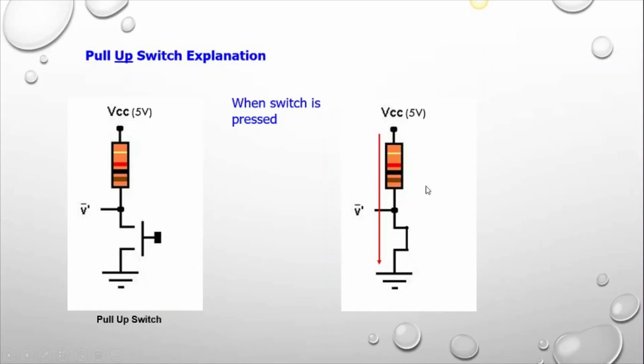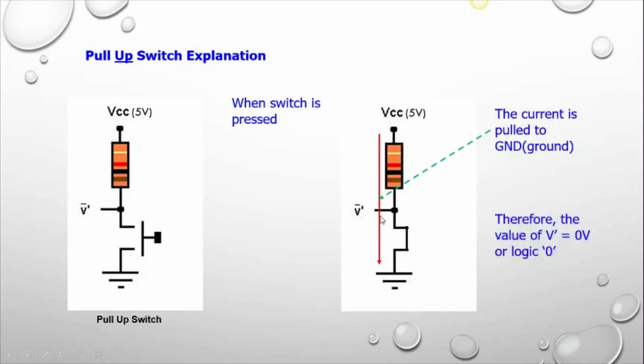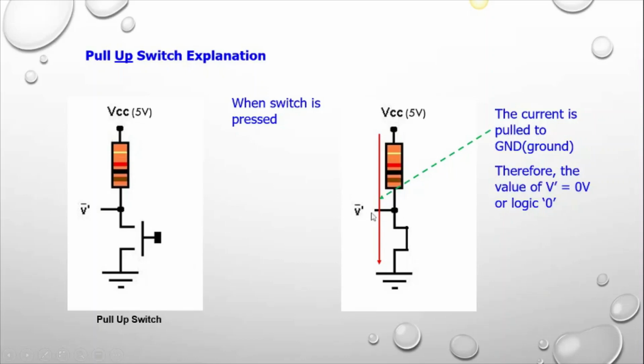So the resistance here is higher, and therefore the current will flow from here towards ground, and the current is pulled to ground, and the logic here at V node is equivalent to 0 volt or logic 0. Okay, can you see the difference?